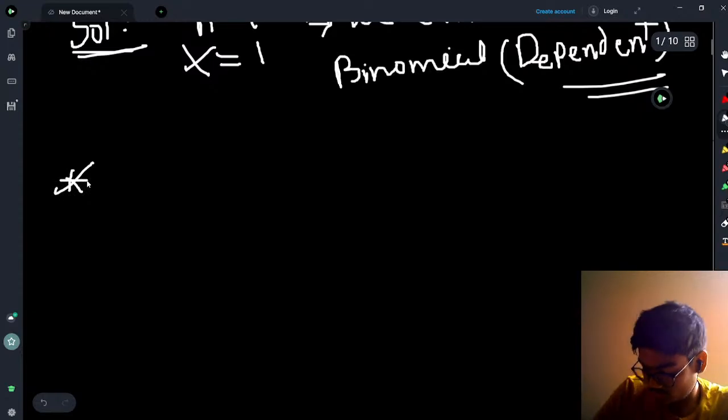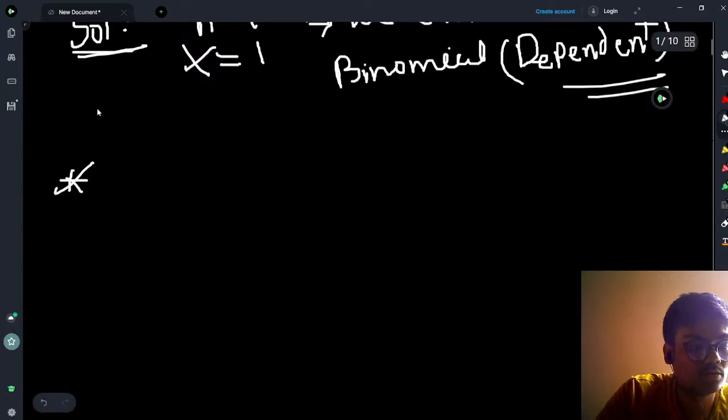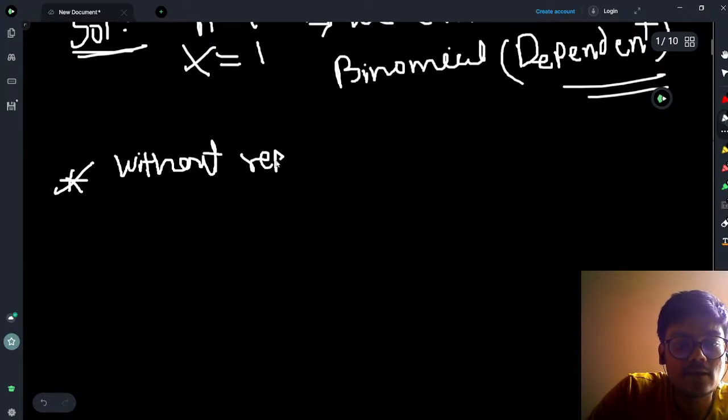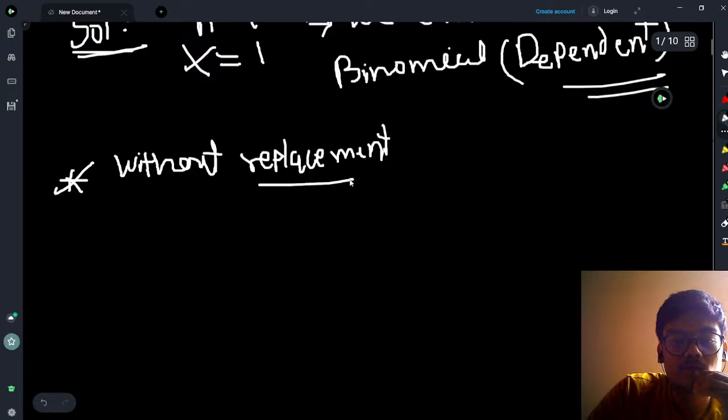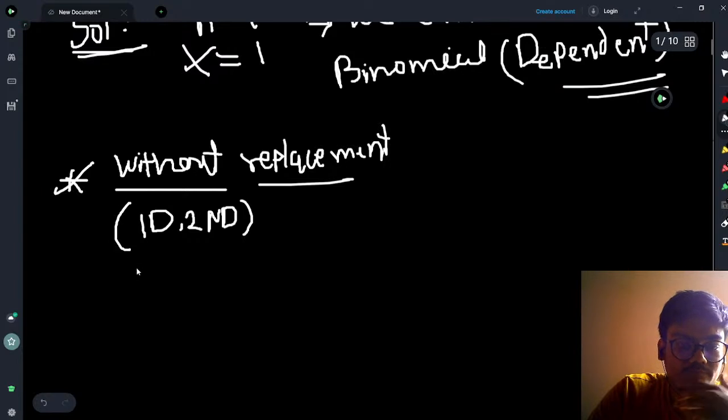As we know, replacement is not allowed, so let me write: without replacement. We have to select one damaged and two non-damaged.